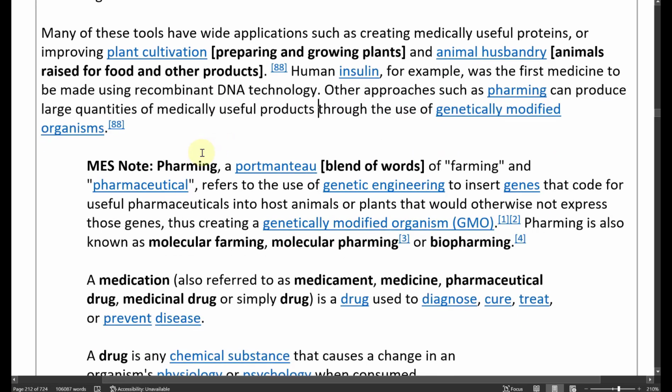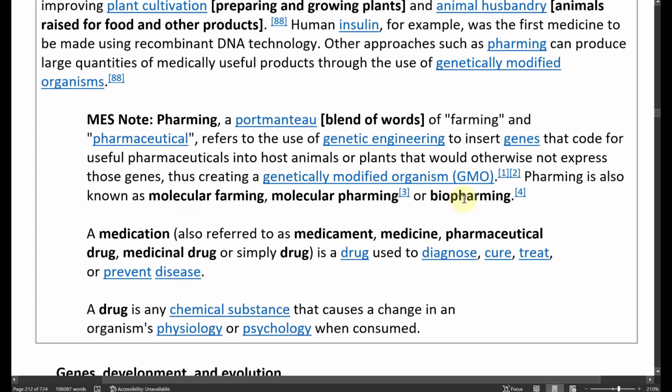Note, farming with a PH is a portmanteau, a blend of the words farming and pharmaceutical. It refers to the use of genetic engineering to insert genes that code for useful pharmaceuticals into host animals or plants that would otherwise not express those genes, thus creating a genetically modified organism, GMO.